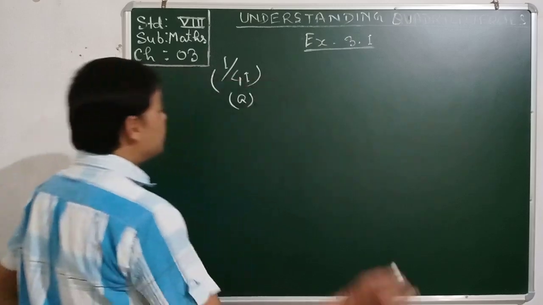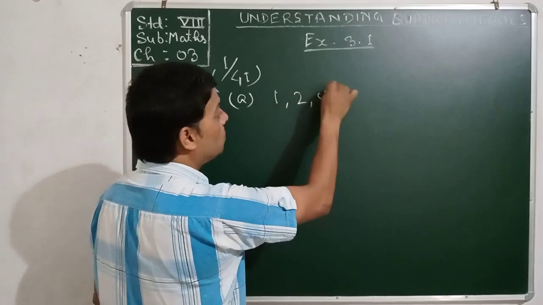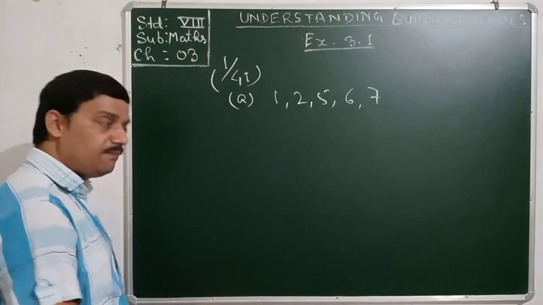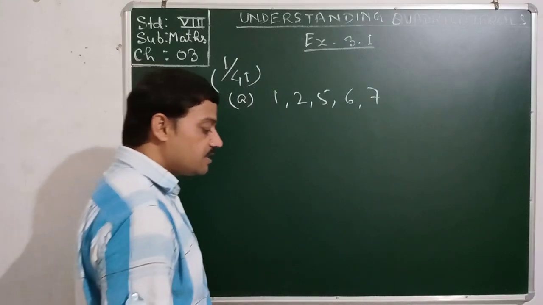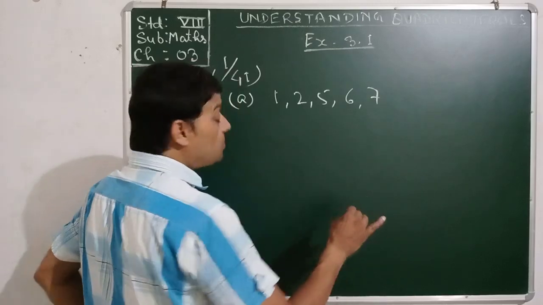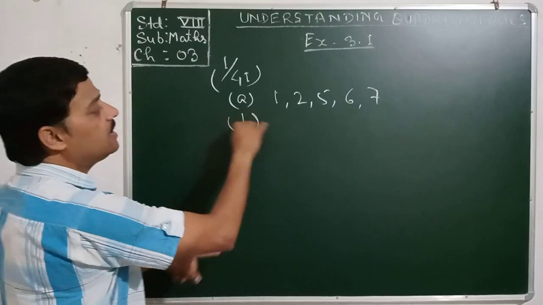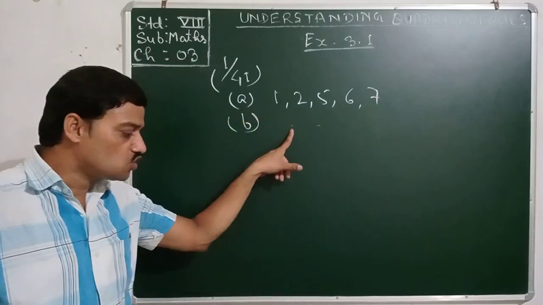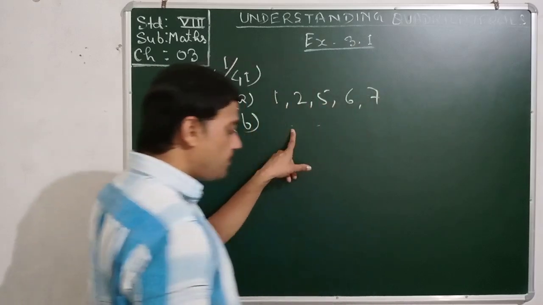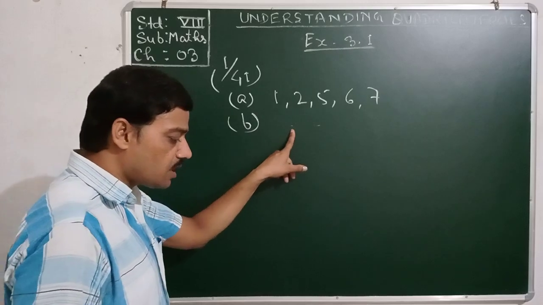By those explanations, it is clarified that figure numbers 1, 2, 5, 6 and 7 are simple figures, simple curves. Now, if you talk about the simple closed curves, of course, all of them are simple closed curves also. A, B, 1, 2, 5, 6, all of them are simple closed curves.